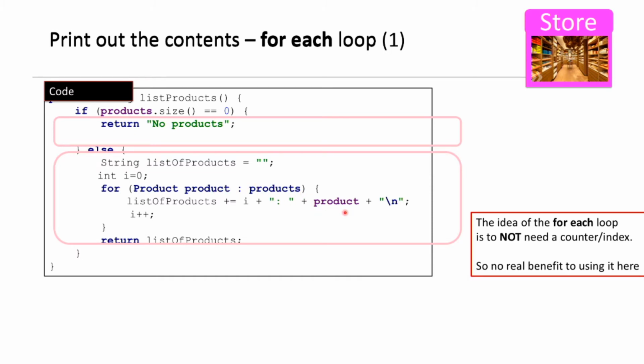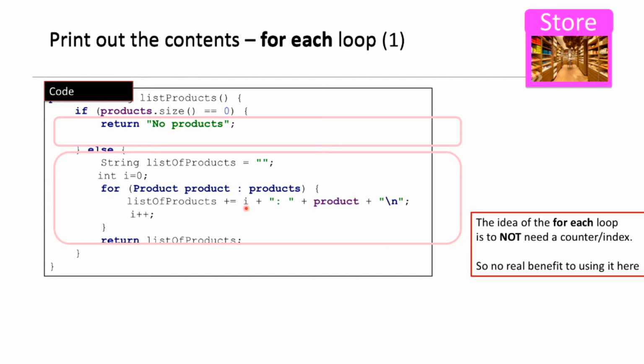Now that's nice, but it's not really of much benefit because we still have to now maintain this loop counter. We have to maintain the I, so we'd have to initialize it outside the for loop. We'd have to increment it inside the loop, and then we have to use it in our string. So the idea of the for each loop is to not need the counter index.